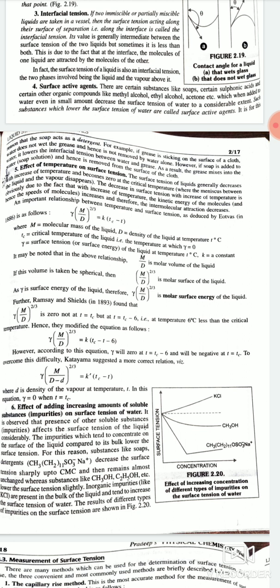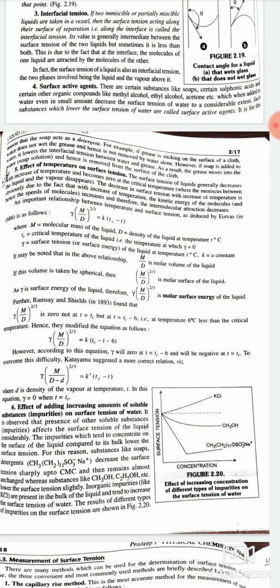An important relationship between temperature and surface tension, as deduced by Eötvös in 1886, is as follows: γ(M/d)^(2/3) = k(Tc − T), where M is the molecular mass of the liquid, d is the density of the liquid at temperature T degrees Celsius, Tc is the critical temperature of the liquid, that is, the temperature at which γ is equal to 0, γ is the surface tension or surface energy of the liquid at temperature T degrees Celsius, and k is a constant.